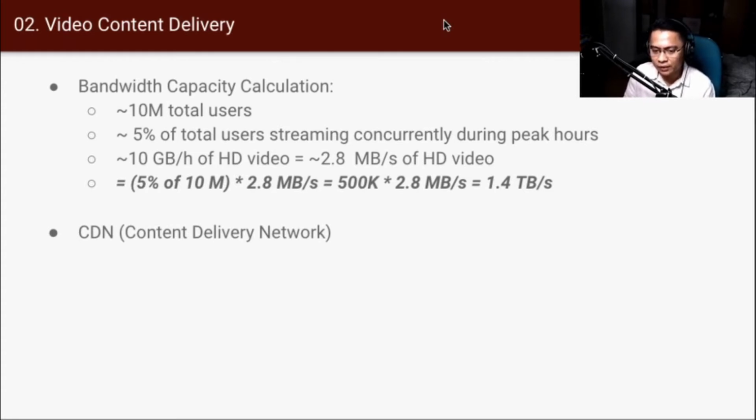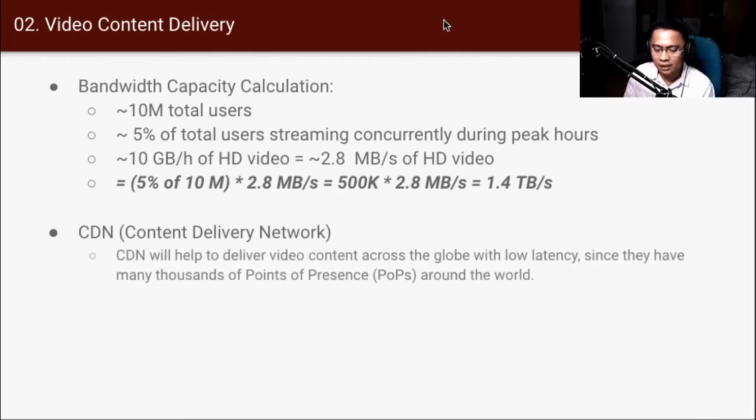So what we need to do is implement a content delivery network. Why? Because a CDN, or content delivery network, will help to deliver video content across the globe with low latency, since they have a closer point of presence to the users, and it's basically available around the world.